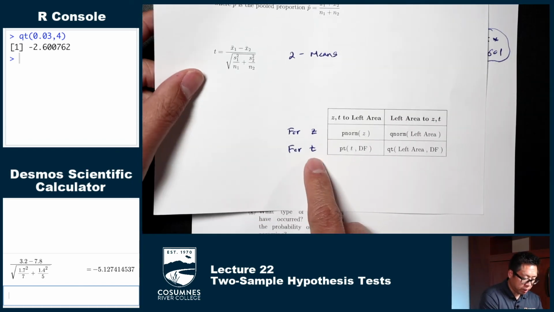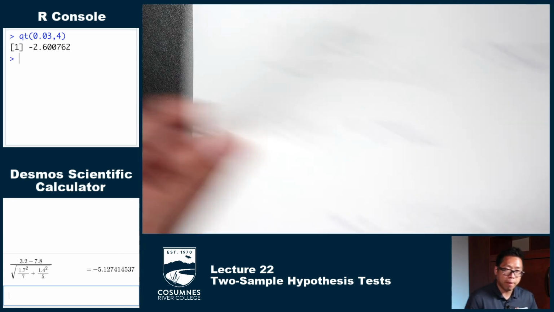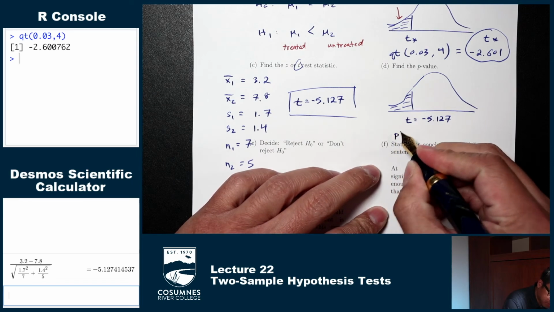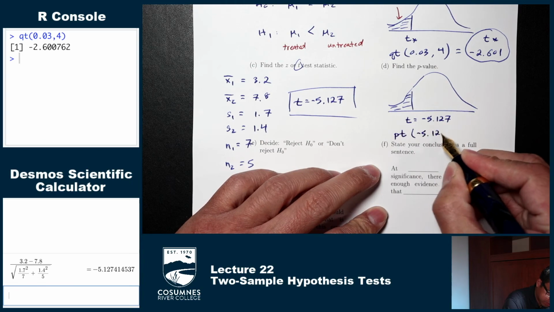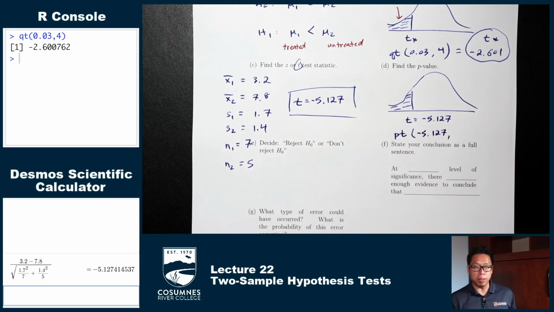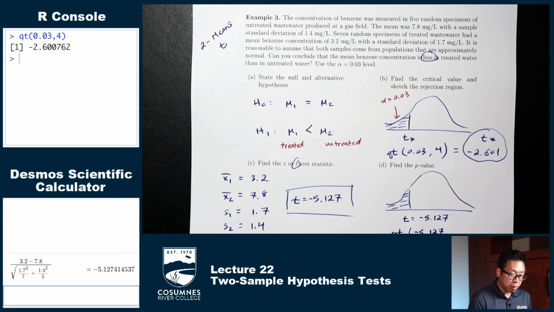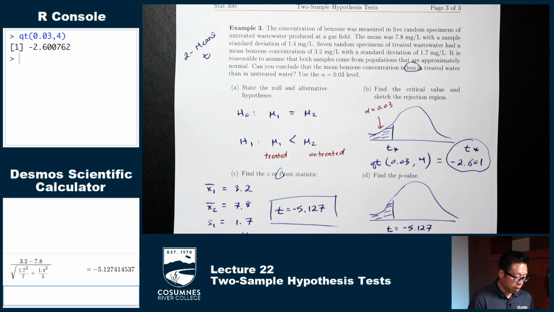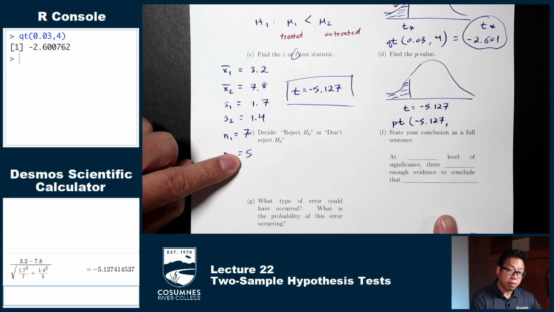For T's, T to area, pt(t, df). So we're going to do pt, the t, so that's negative 5.127, comma, the degrees of freedom. So degrees of freedom, when you have two sample sizes, you don't combine them, you use the smaller sample size. Our sample sizes were 7 and 5. Smaller sample size would be 5.